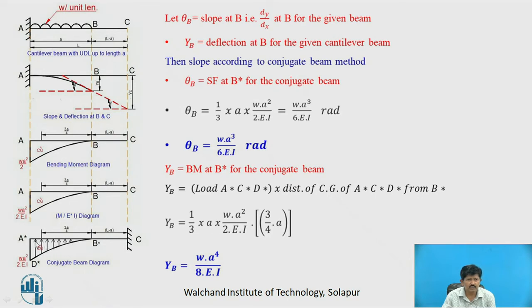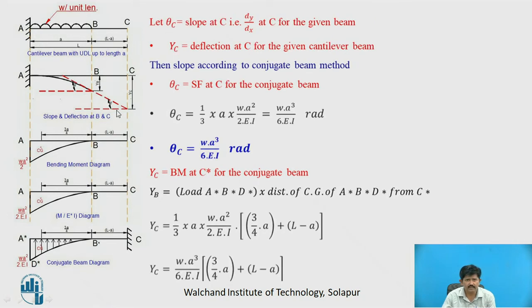So the load will be 1/3 base into height and the CG of this will be 3/4 of A from B. So load into distance, that is 1/3 base is A into height is WA square upon 2 EI into CG will be 3/4 of A. So solving this we will get YB is equal to WA4 upon 8 EI.